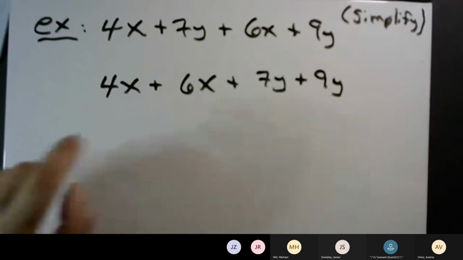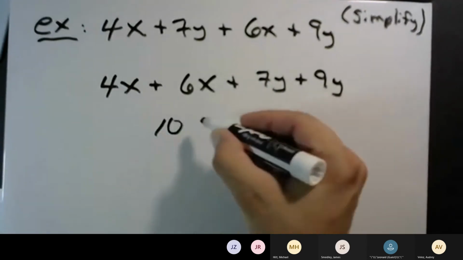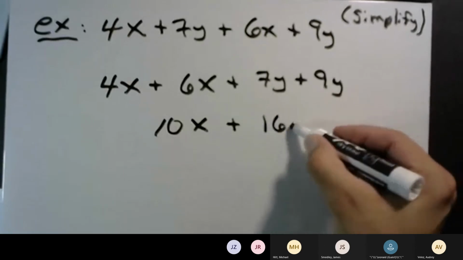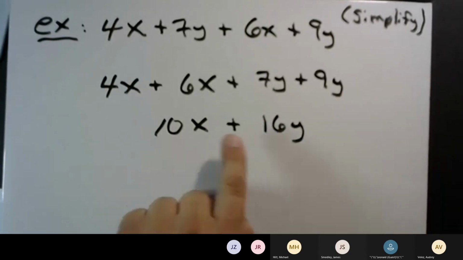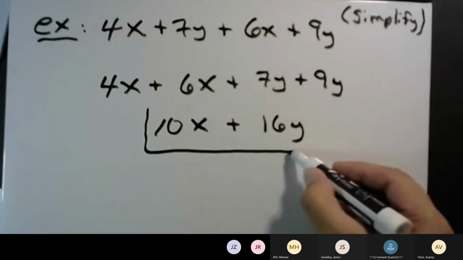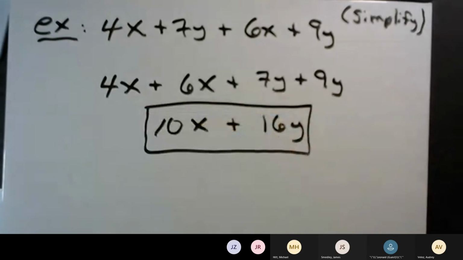And then if we add these, we'll get 10x plus 16y. And because these are different types, that's as far as we can go. We can only simplify so much. And so that's going to be our answer. Questions about that? All right.